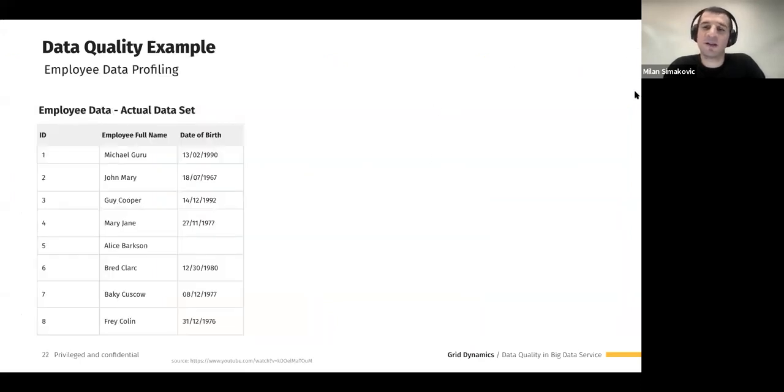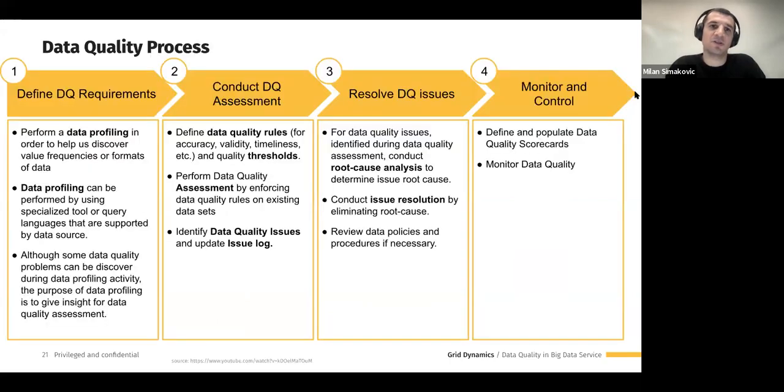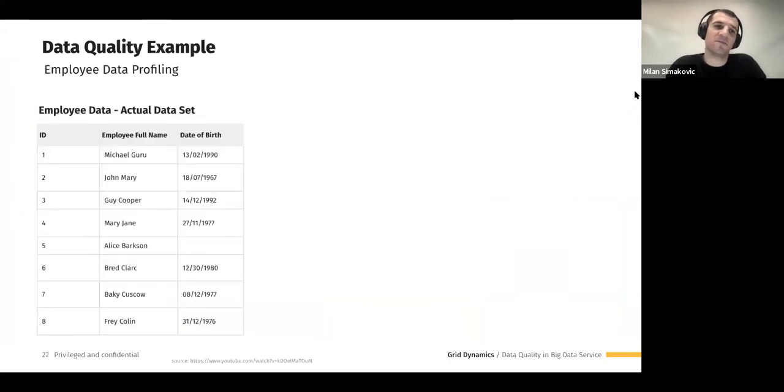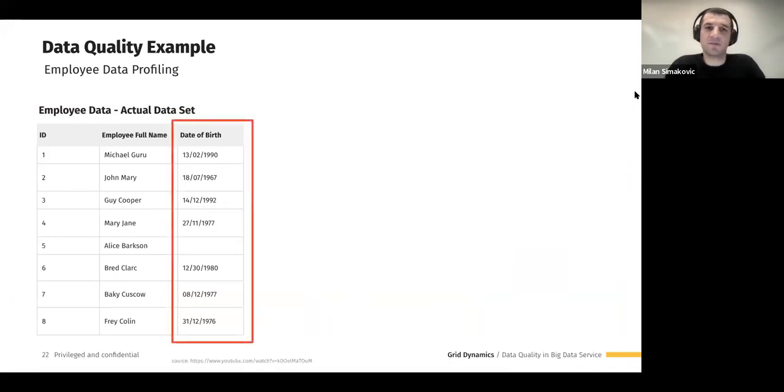So now let's go to one particular example, and let's try to leverage all the data quality process steps. The first step here is to do data profiling. So, data profiling for this particular column, date of birth, and as we mentioned, data profiling is just statistical information for our particular CDE.